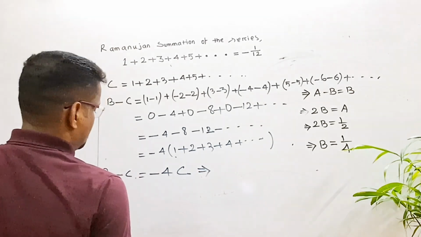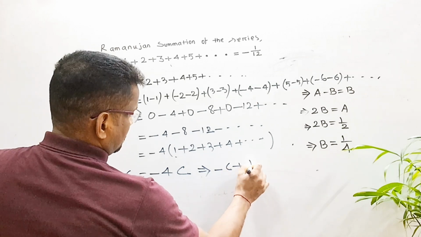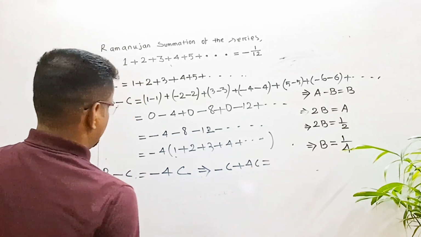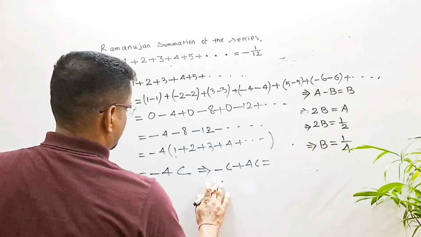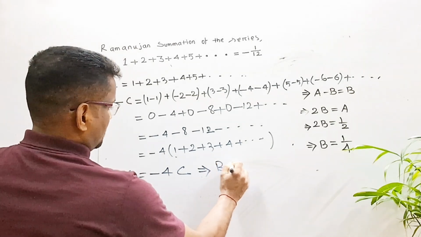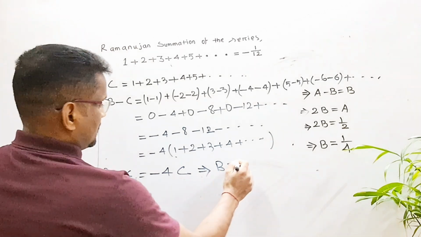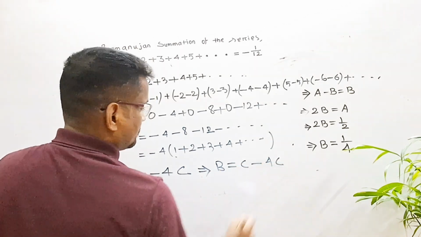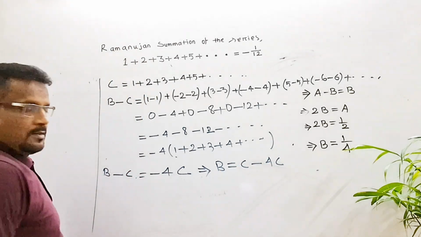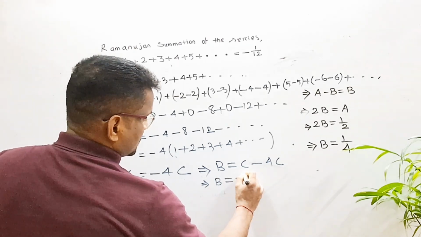From here, do one thing: B equals C, transpose it to the right side, then it will be C minus 4C. After this, B equals minus 3C.